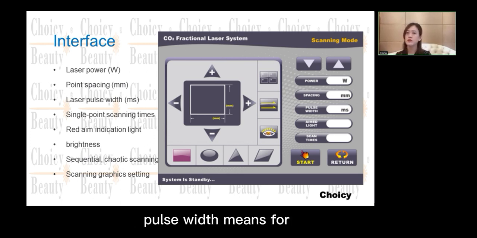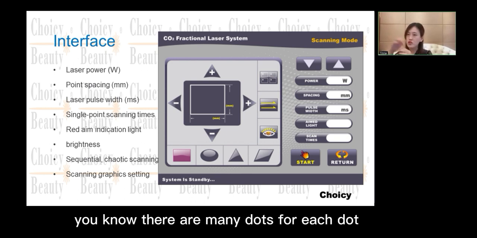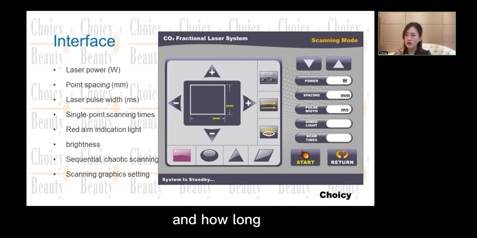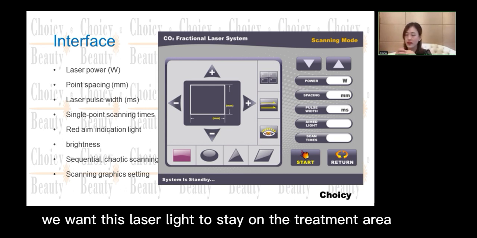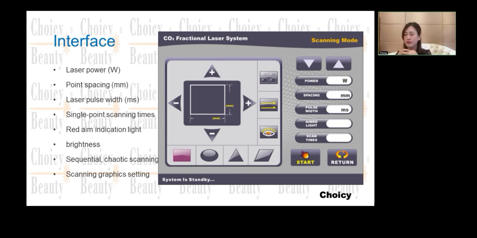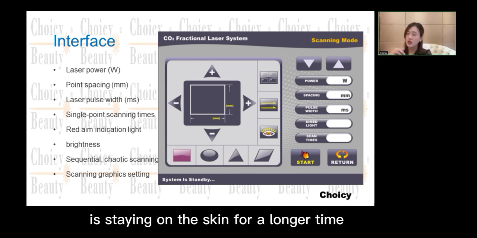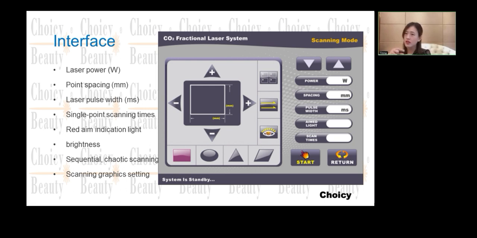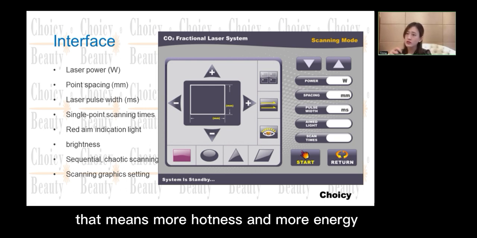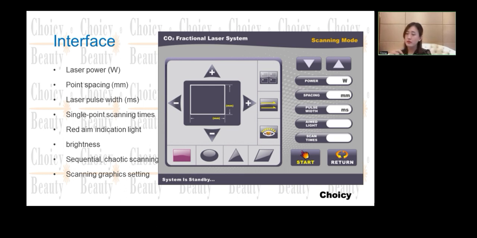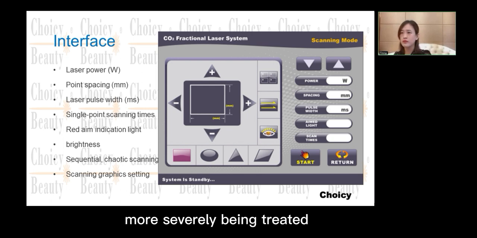And pulse width. Pulse width means, for each laser dot, how long we want this laser light to stay on the treatment area. If the laser light stays on the skin for a longer time, that means more heat and more energy, more burn, so the treatment area is more severely treated.